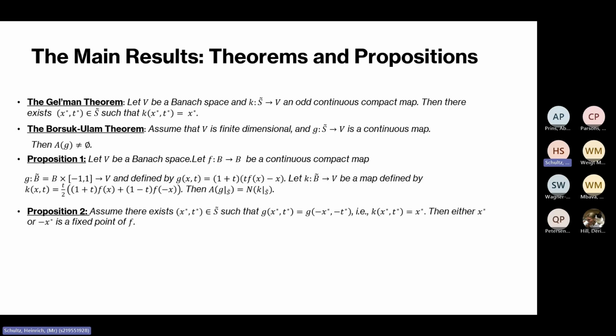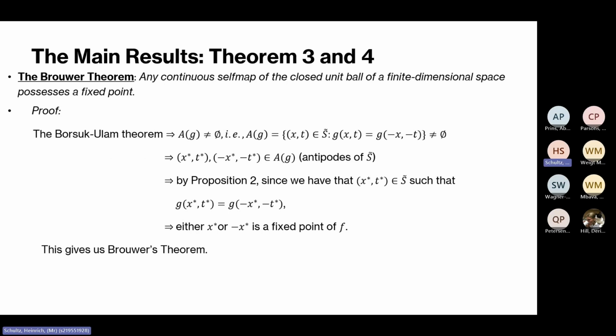Now with these theorems and propositions, we can prove the Brouwer theorem. The Brouwer theorem, as previously stated, says that any continuous self-map of a closed unit ball of a finite dimensional space possesses a fixed point. The proof is as follows.